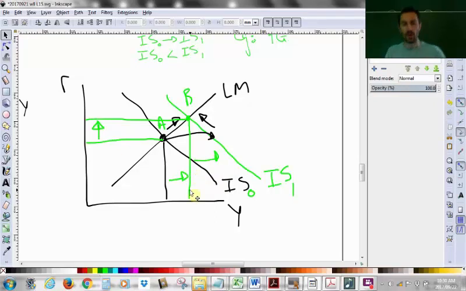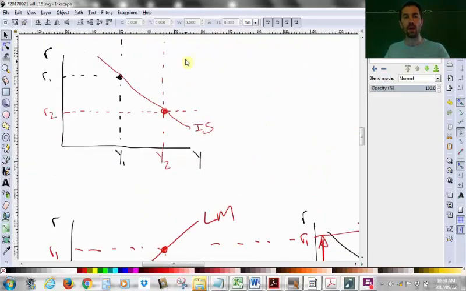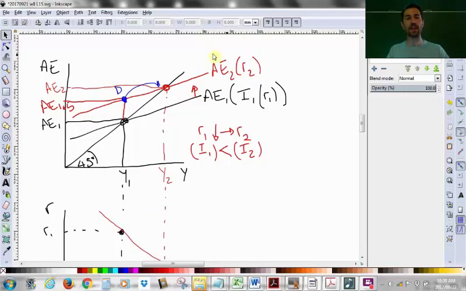But the interesting story, if we compare that result to what we saw initially, in our original aggregate expenditure model, an increase in government spending increases aggregate expenditure, an increase in aggregate expenditure increases output. That's good, right? So the initial story was government spends, that's good, leads to growth.